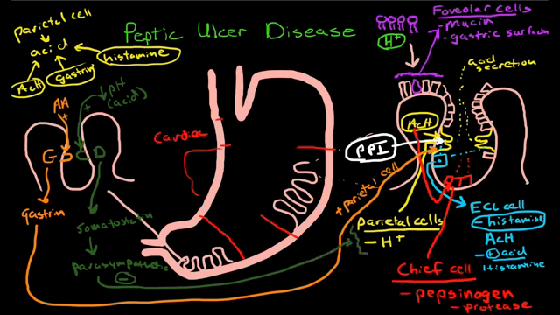So we have here, these ones, histamine, gastrin, and the parasympathetic nervous system, are all positive, but here we have a negative effect from somatostatin.